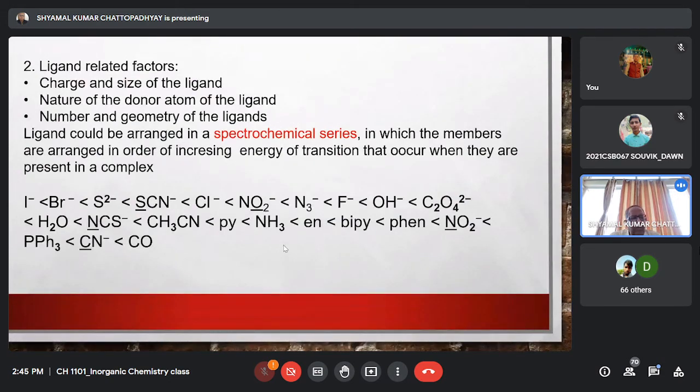But you will find several things in the spectrochemical series which are apparently anomalous. One of them is this: hydroxide ion, oxide ion, and water. You can put oxide ion somewhere here also, right? Oxide ion has a much higher crystal field than hydroxide.